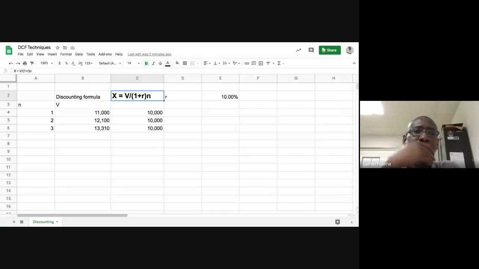We can take one of these examples here. For example, let's say the second year, 12,100. In order to get our 10,000, what did we do for the 12,100?